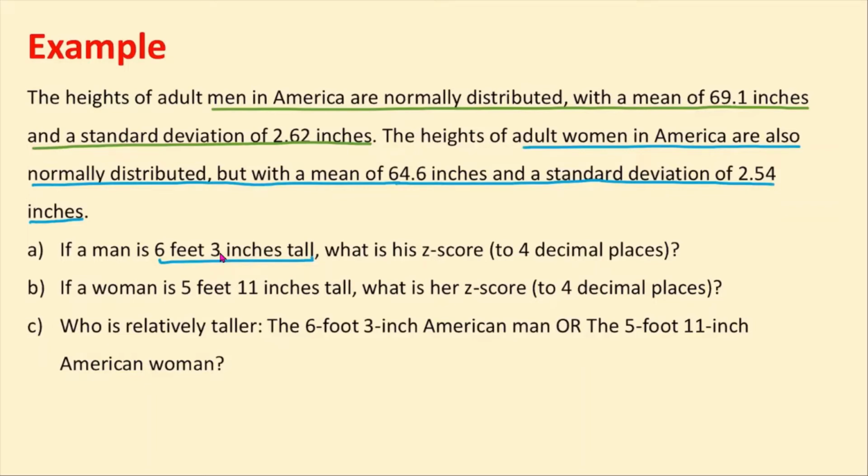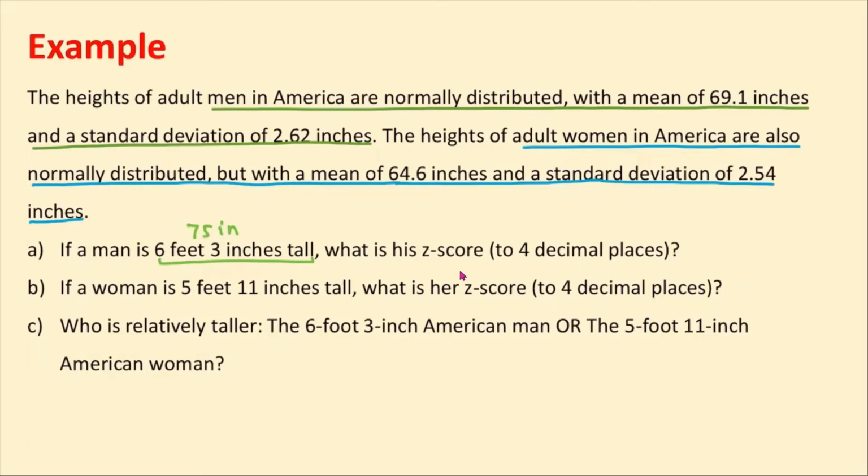So if you look at the general data for the man, mean is 69.1 and standard deviation is 2.62. If a man whose height is 75 inches tall, what is the z-score?